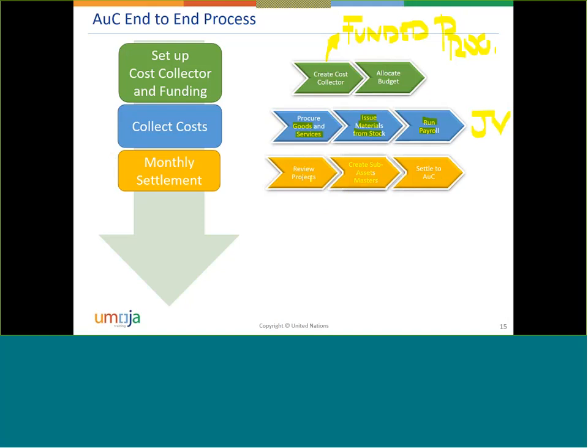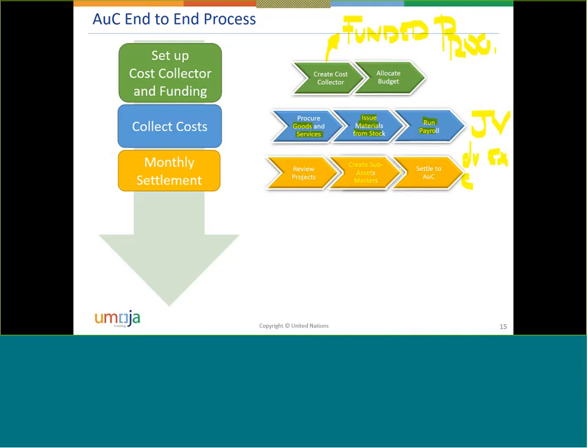But in general, what we are doing is reviewing the projects, analyzing if there are expenses that happened related to this project, and if there are, we will settle them to the AUC. So the settle to the AUC basically debits expense account and credits.